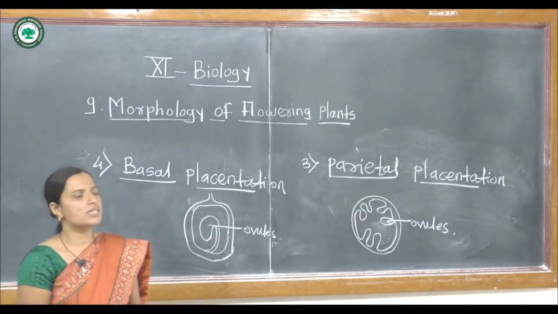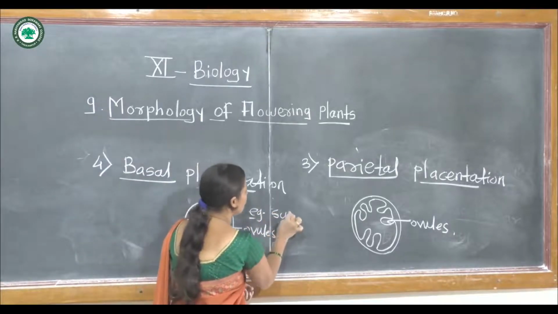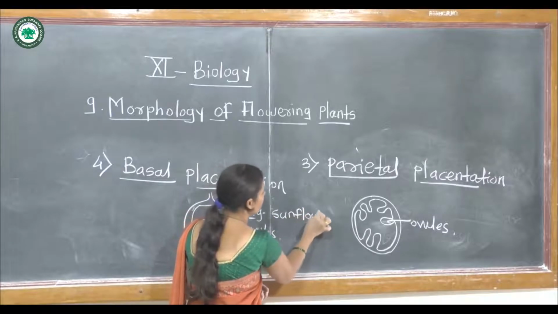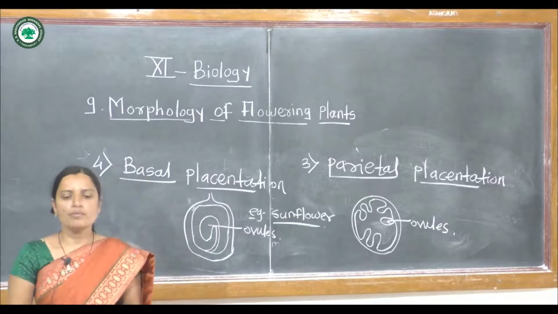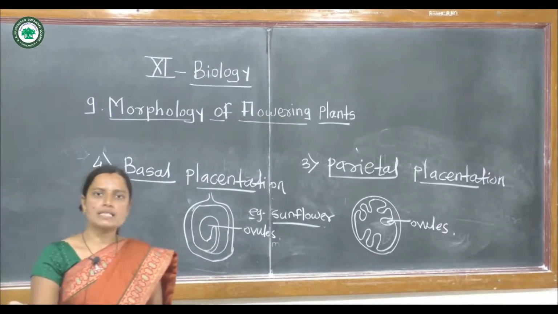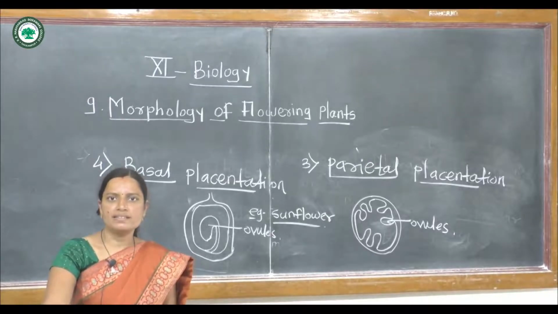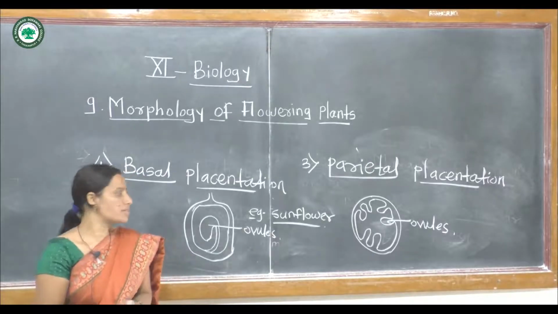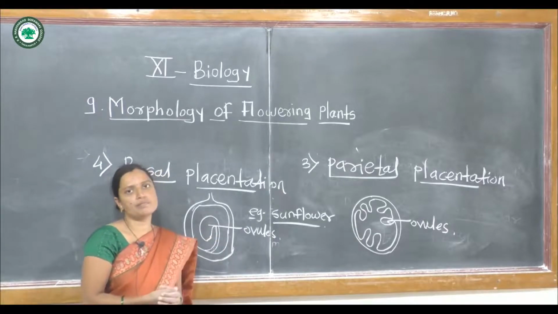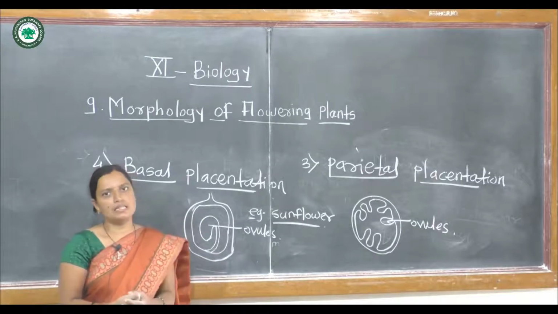For example, basal placentation takes place in sunflower, as well as some rice and wheat plants. Only a single ovule is present at the base.